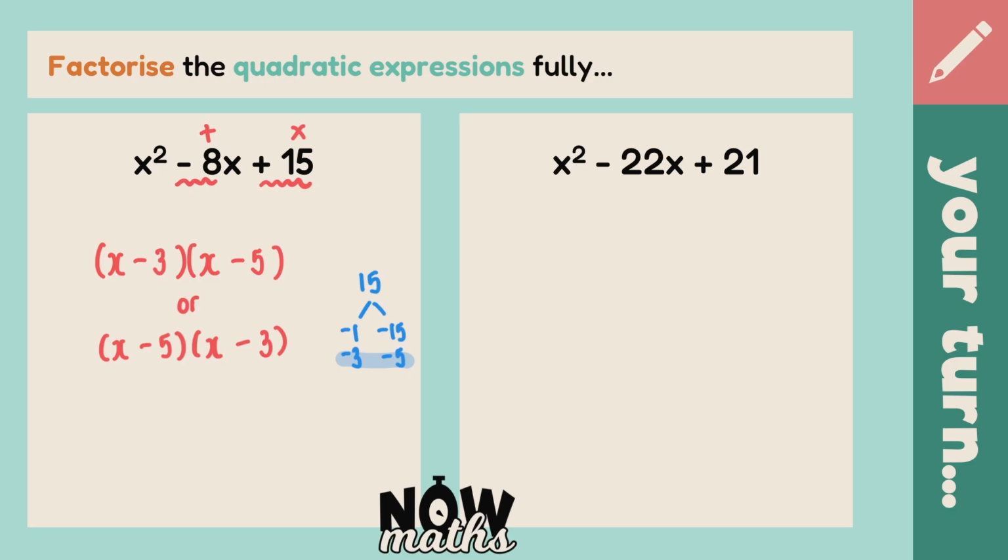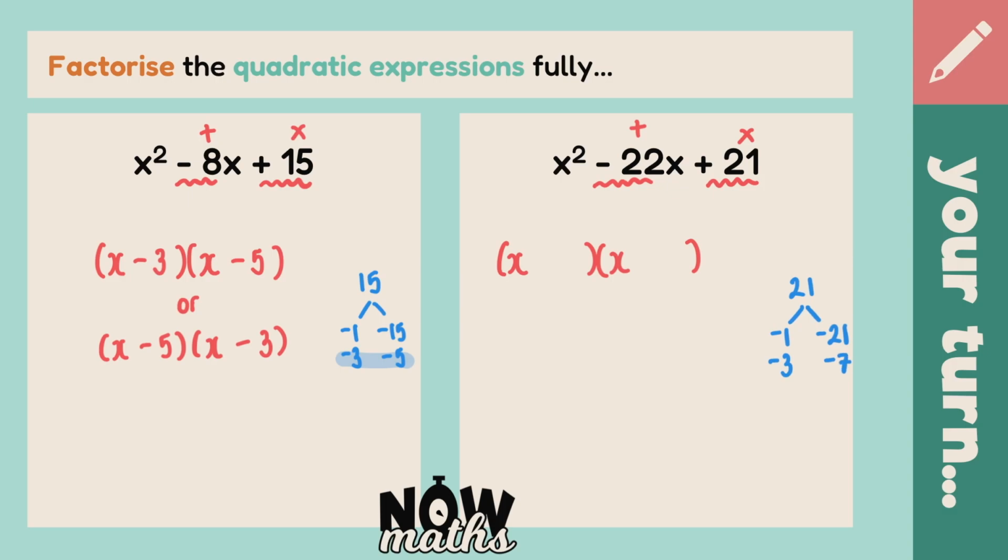Looking at the question on the right hand side, again we're going into double brackets and we will have an x in the front of each bracket, and we're looking for two numbers that multiply to give positive 21 and add to give negative 22. Again, the two numbers have to multiply to give a positive number and add to give a negative, so both numbers will have to be negative. So we could have -1 and -21, or -3 and -7.